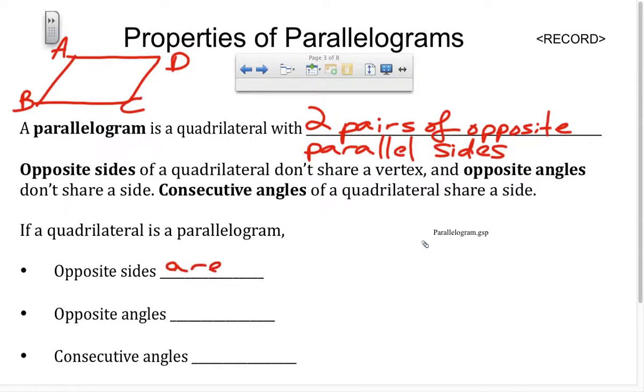So let's come back to our notes then. Opposite angles are congruent. Opposite sides, I got that backwards. Opposite sides, they're congruent too. Consecutive angles are supplementary.